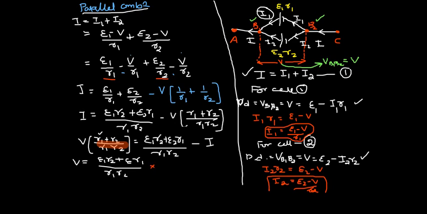Therefore it will become R1 R2 divided by R1 plus R2, minus I, now again into the same term, R1 R2 divided by R1 plus R2, right now.